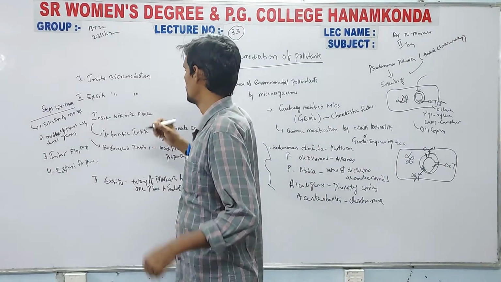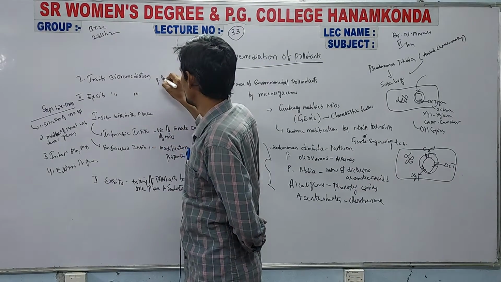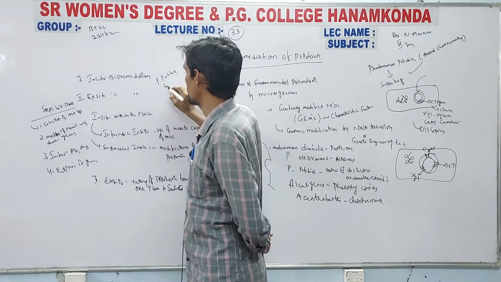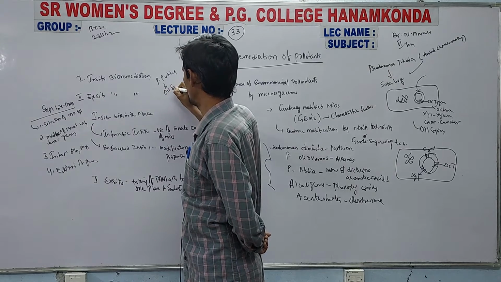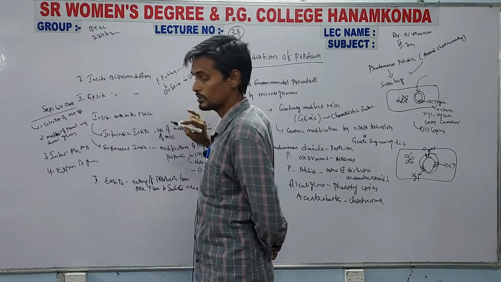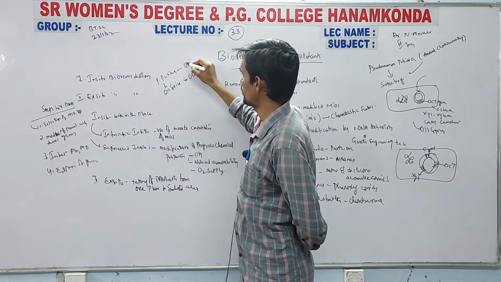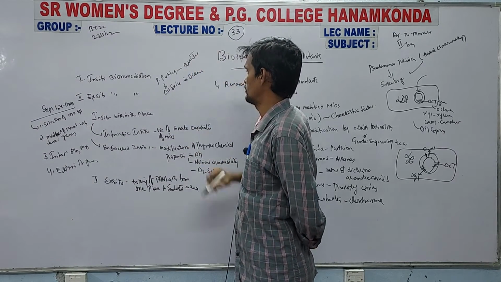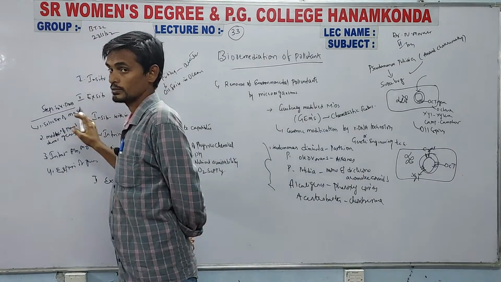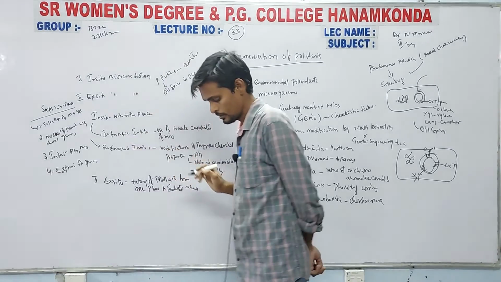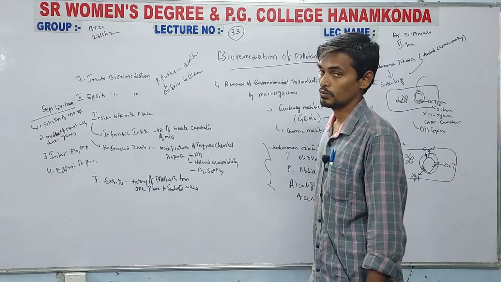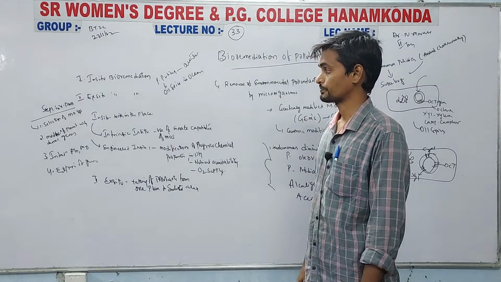For example, if you take Pseudomonas putida, it has the capability to remove oil spills in the oceans. This Pseudomonas putida is able to grow on water, on oil. Such microorganisms have to be selected in order to go for modification. That is the first step, selection of microbial species.